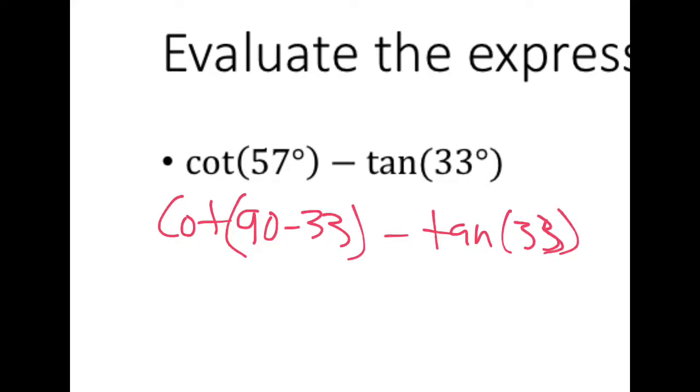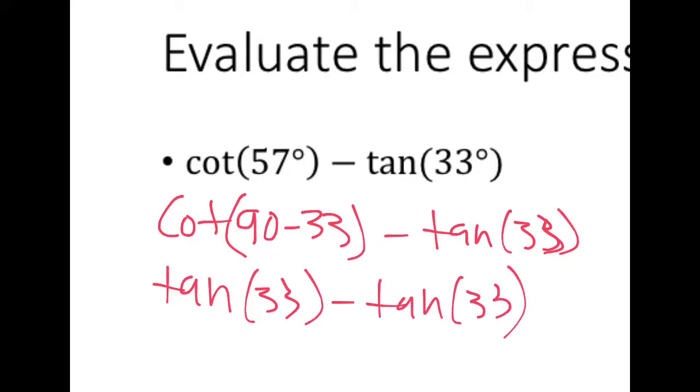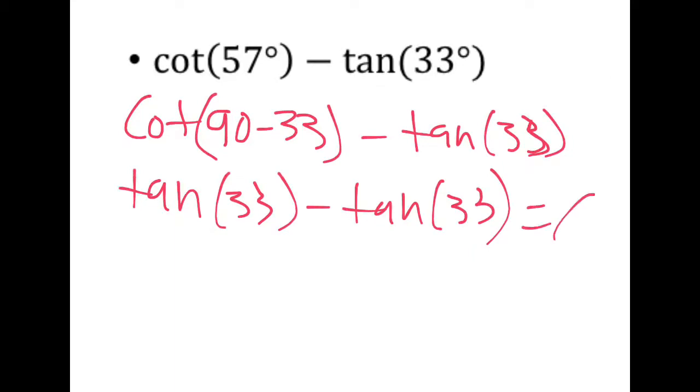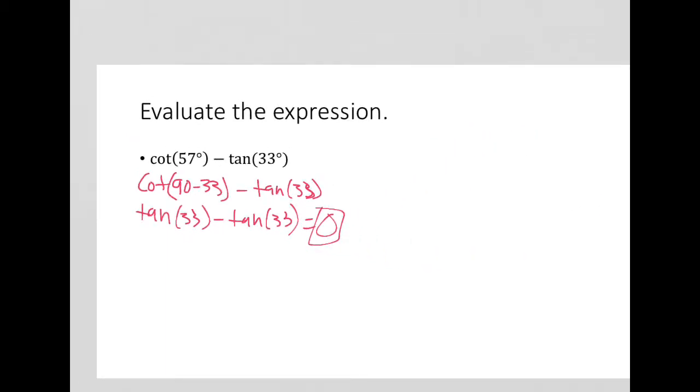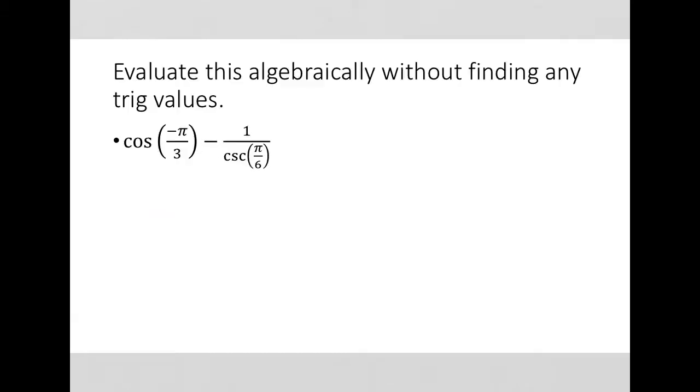Well, the cofunction identity says that cotan of 90 minus 33 is the same as tan of 33. So we have tan of 33 minus tan of 33. Well, that's the same thing, so it's got to be 0. If you didn't know the cofunction identity, you'd look at cotan of 57 minus tan of 33, and you'd be like, there's no way I can do this. But with the cofunction identities, it ain't no thing.